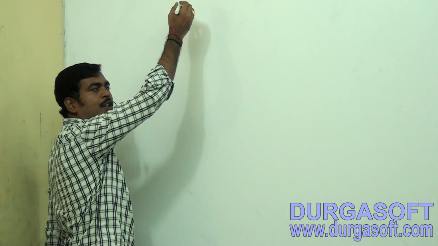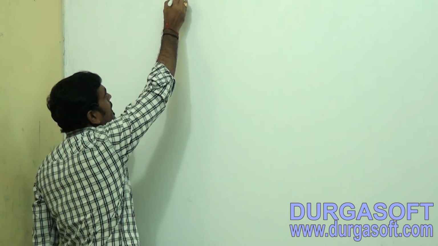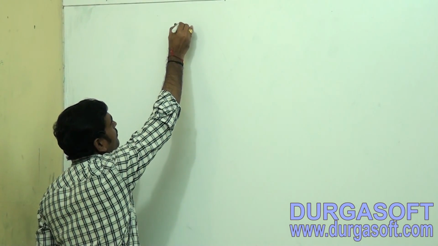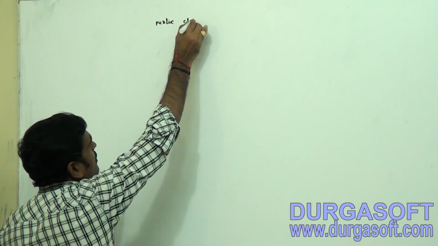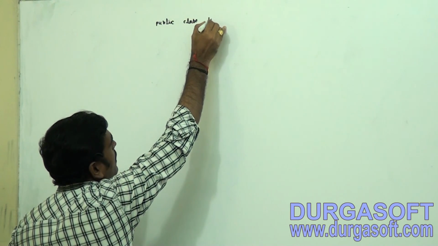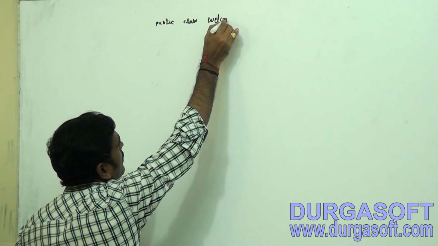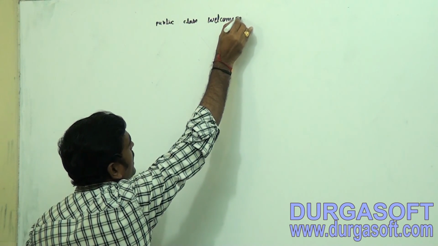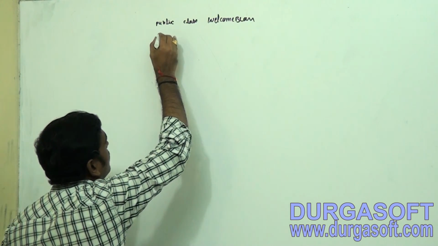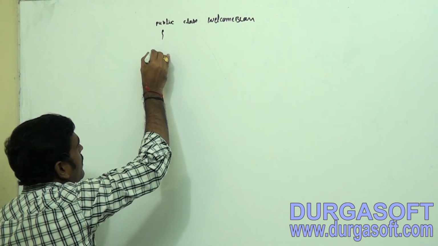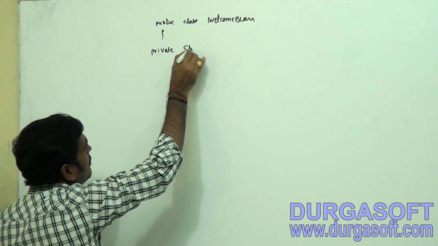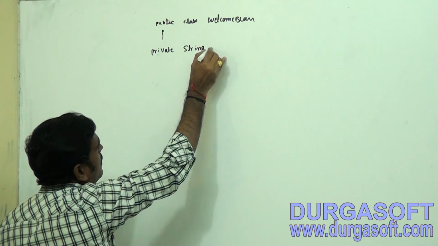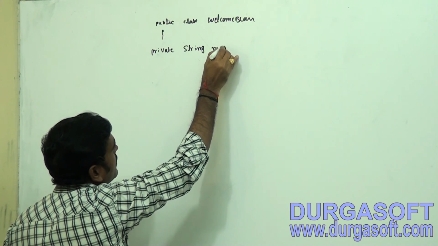See, now here I am going to take one component, public class WelcomeBean. Under that I take one property, private String message.